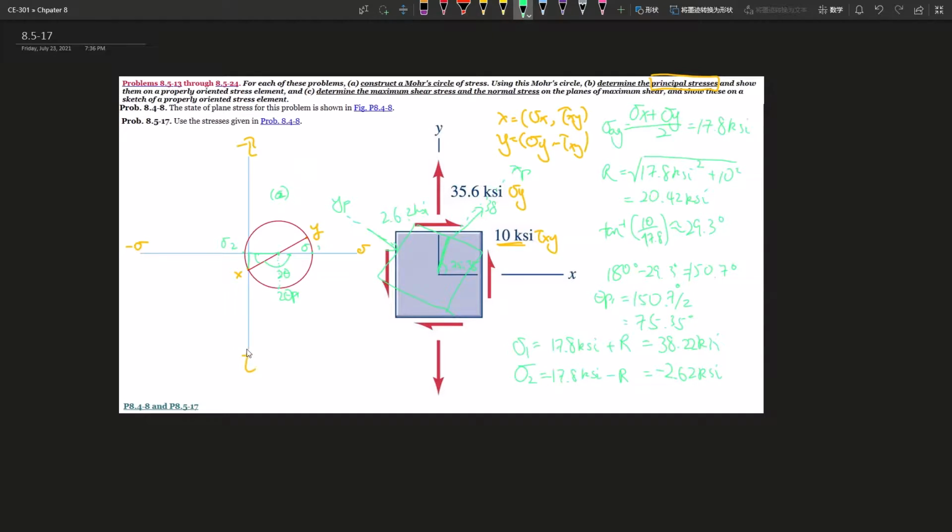This is the maximum shear stress we're going to get on the circle. And what is that? This is R, from the center to here. So tau max just happens to be R, which is 22.42 KSI. And when maximum shear happens, everything else is 0.